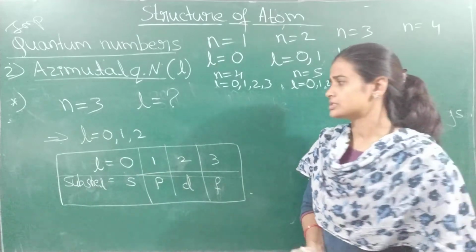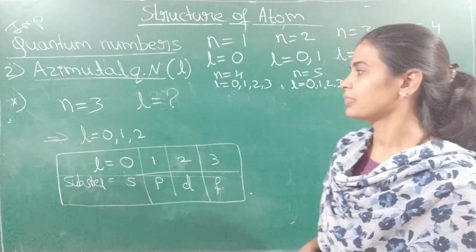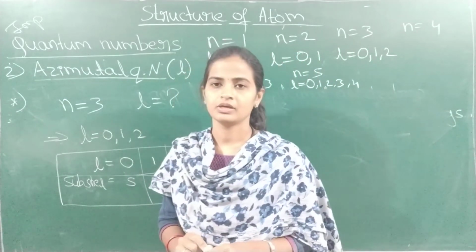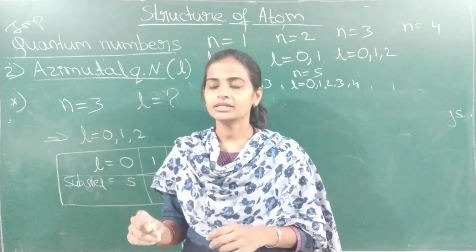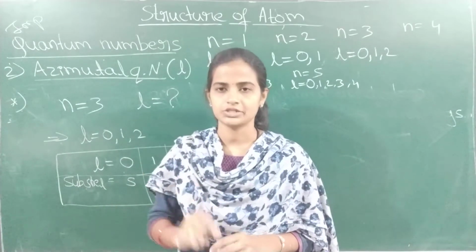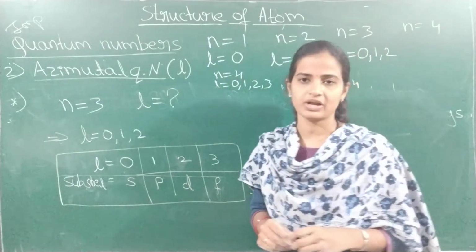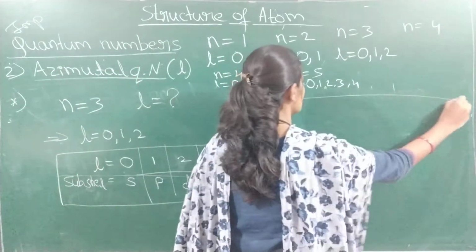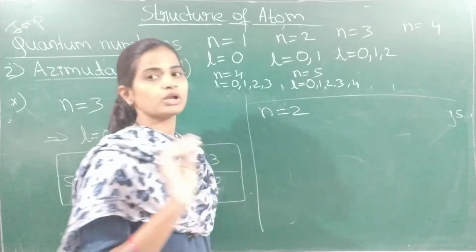Okay. Take the next question. If n is equal to 2, what are the subshells present in it? I am not writing the question. You have to understand the question first. n is equal to 2, they have given, what are the subshells.